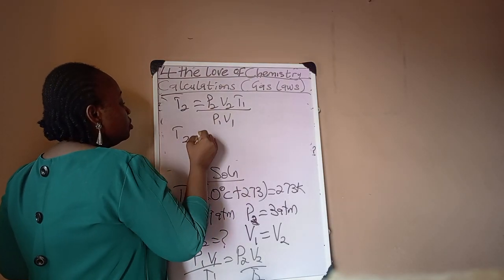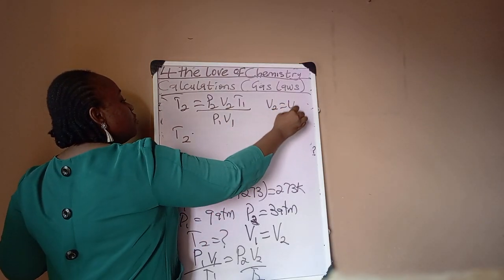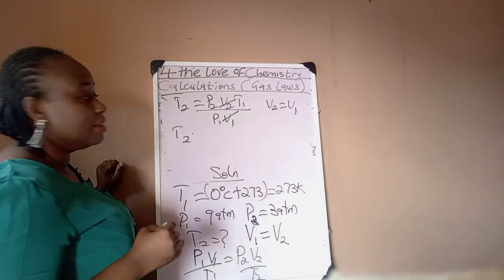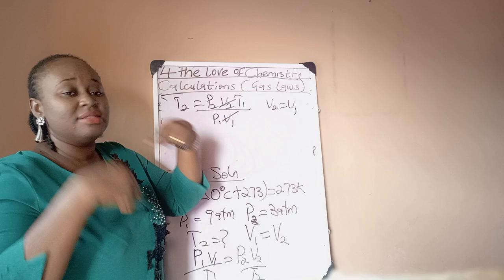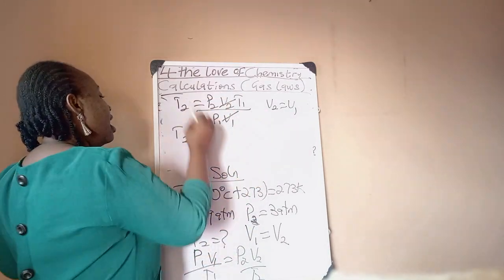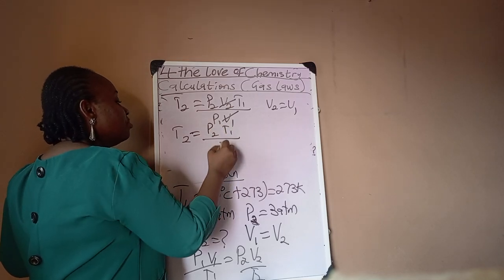So T2, since V2 is equal to V1, will cancel out. Is that clear? Because if this divides this, it's the same thing, it will give you 1. So we cancel it out, and we have P2 T1 all over P1.